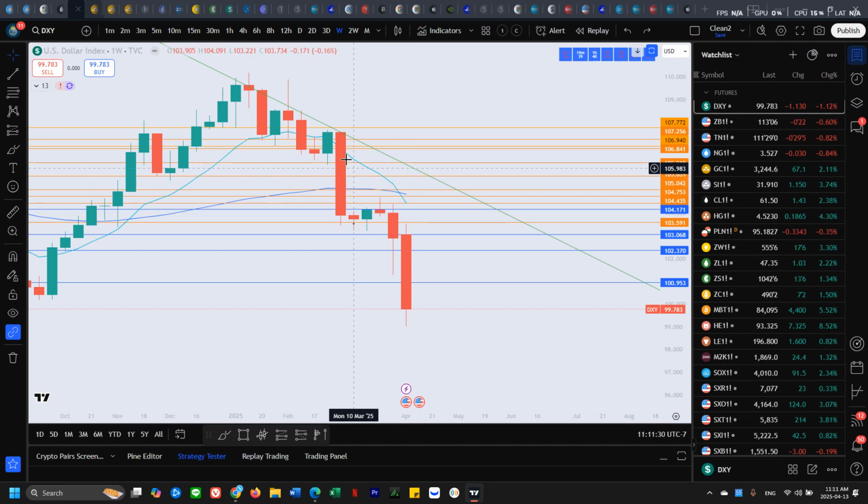So super clear weekly bear flag follow through. Nobody knew it was going to follow through like this, but this was a sign, a very weak bounce, and then the news drop, and then here we go.